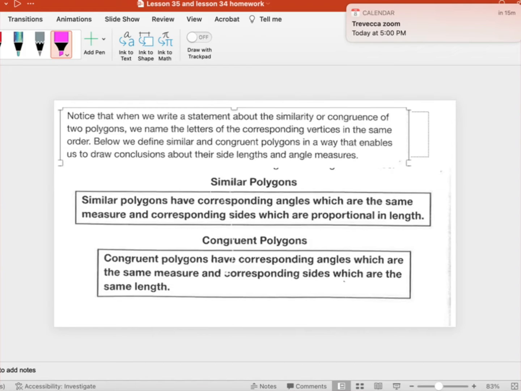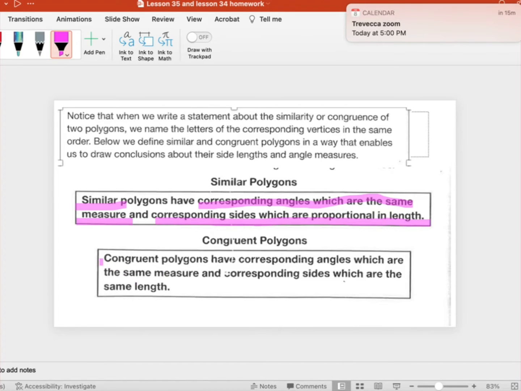Notice that when we write a statement about the similarity or congruence of two polygons, we name the letters of the corresponding vertices in the same order. Below, we define similar and congruent polygons in a way that enables us to draw conclusions about their side lengths and angle measures. Similar polygons have corresponding angles which are the same measure, and corresponding sides which are proportional in length.